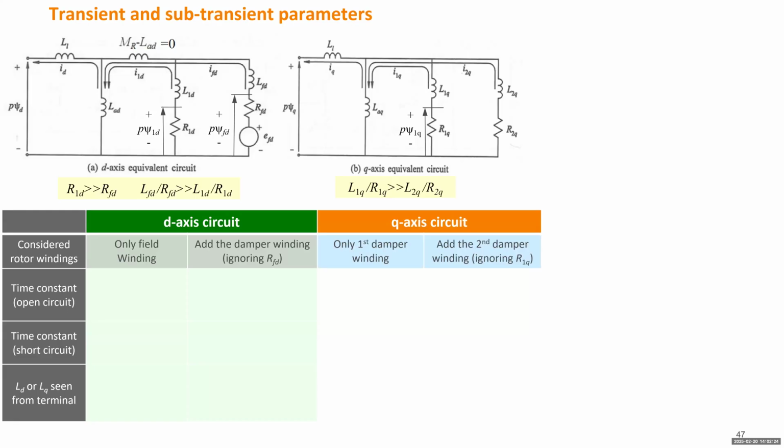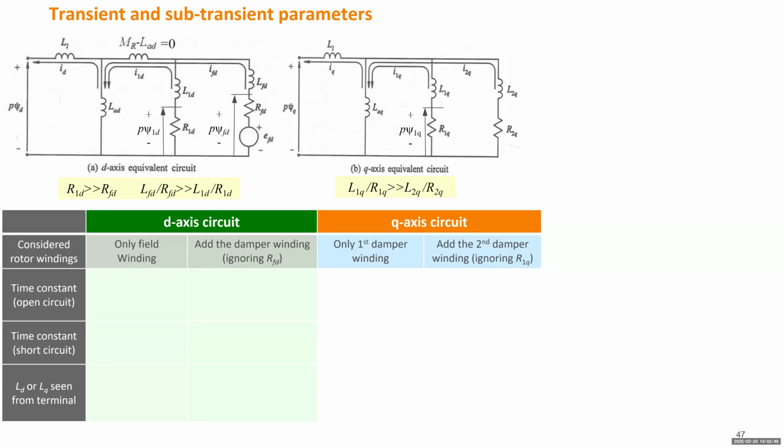So we create this table. We separate the D-axis circuit and the Q-axis circuit. Even though we have two windings in each circuit, we don't have to consider both. For some calculations, you only need to consider one. So in each circuit, I create two subcategories.